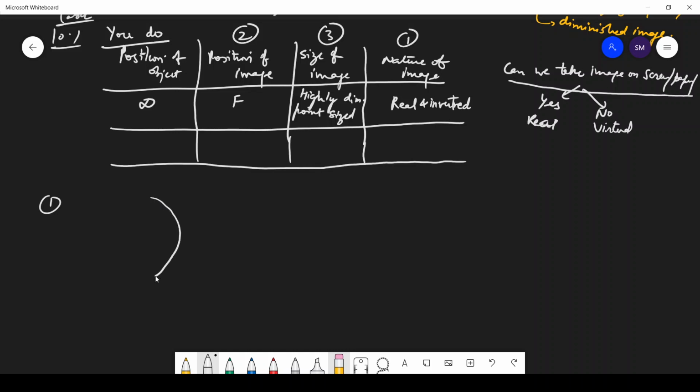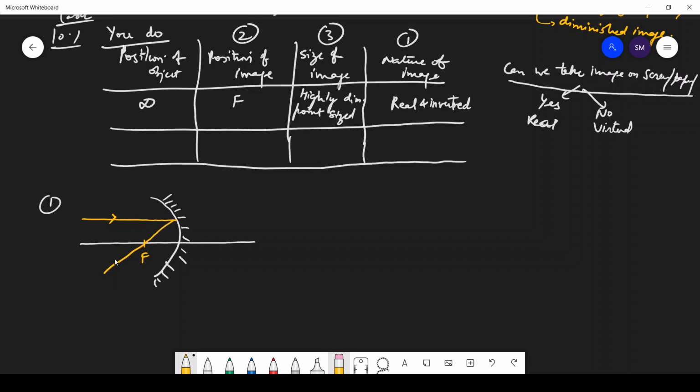So if this is your concave mirror and this is your principal axis, and you have the object at infinity, we have already done that case, the rays which are coming parallel to the principal axis, all of them will pass through the focus.